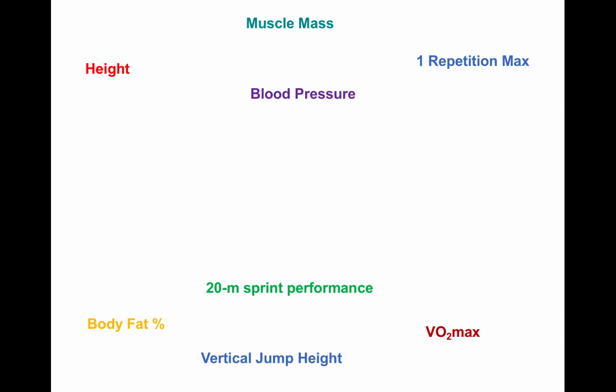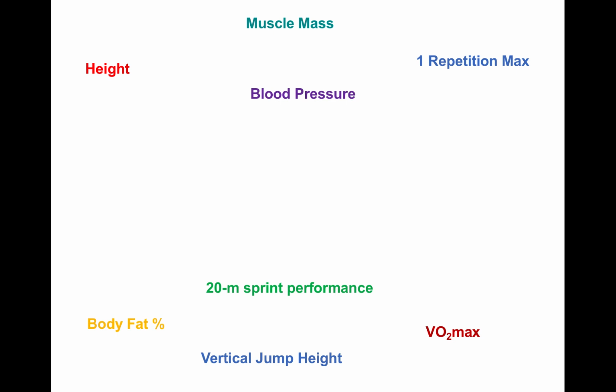So, of course, in order to answer many research questions that we might ask in sport and exercise science, we take quantitative measurements of variables that we can then objectively compare. So we might be interested as a sports scientist in measuring muscle mass or blood pressure. We might be interested in cardiorespiratory fitness or VO2 max.